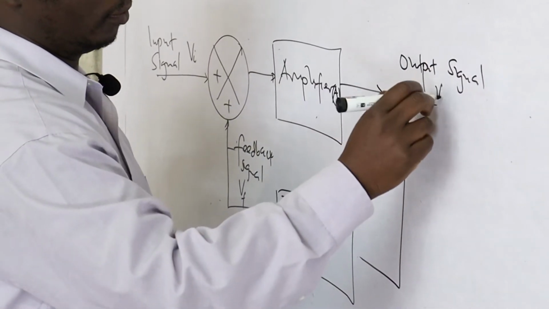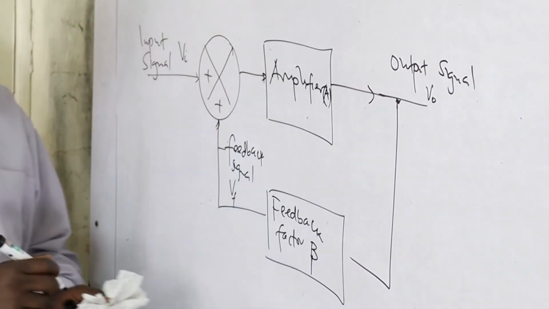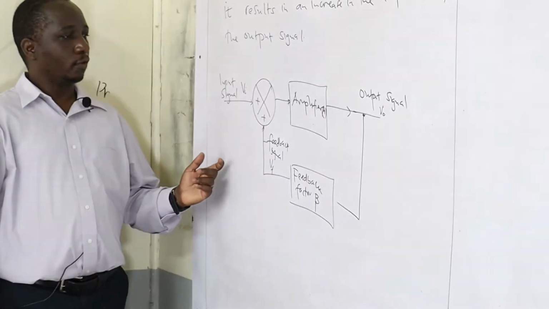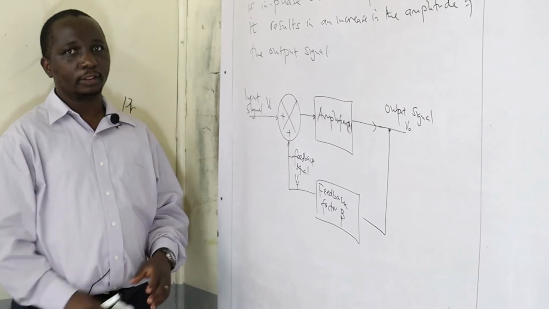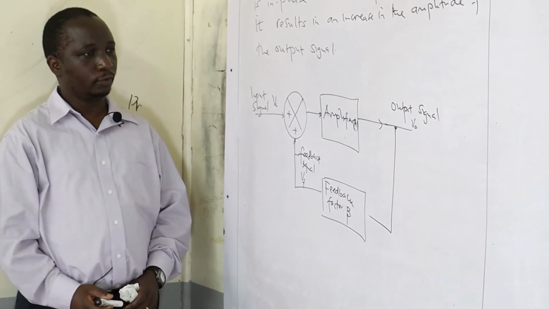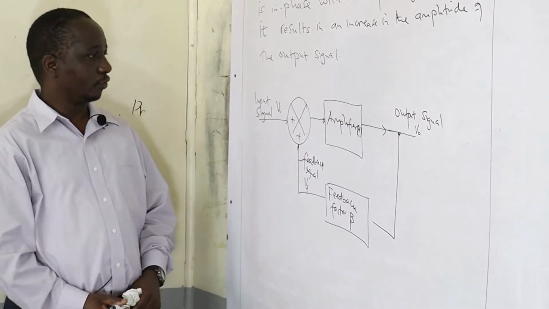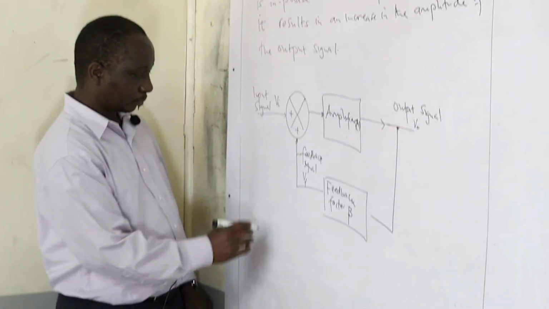So it requires us to prove that with positive feedback, there's an increase in the amplitude of the output signal. And when you do this, you can now prove it using this formula.